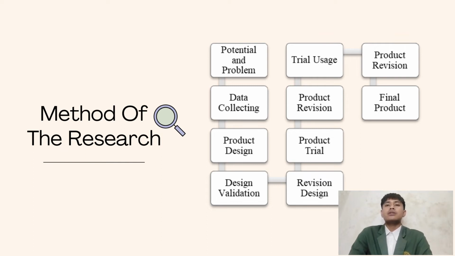Second, validation sheet. The validation sheet is a sheet that makes it easy for the validator to provide assessment and suggestion for the instrument made by the researcher. In this study, validation sheets were made for a 10th grade English teacher and supervisor as experts who will provide scores related to the feasibility of using the teaching material. The last, questionnaire.